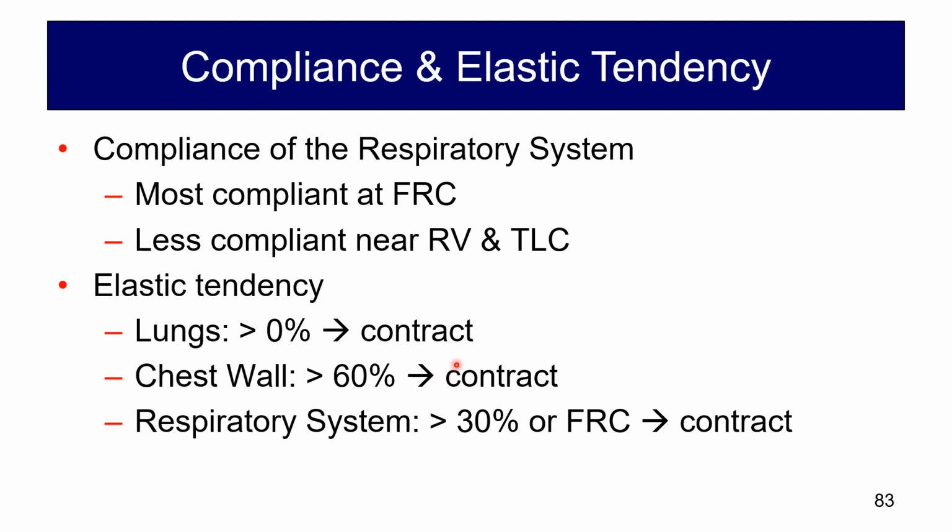At greater than 60%, it wants to contract, and less than 60%, it wants to expand. The respiratory system likewise has a biphasic elastic tendency, and the inflection point is now at 30% or at FRC. Above 30%, it wants to contract, and below 30%, it wants to expand.